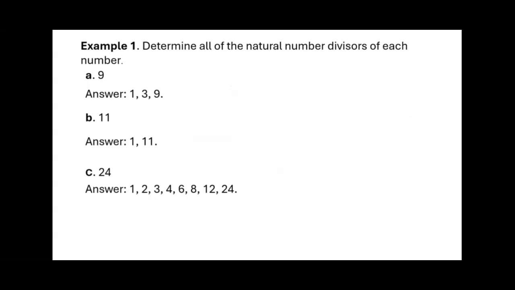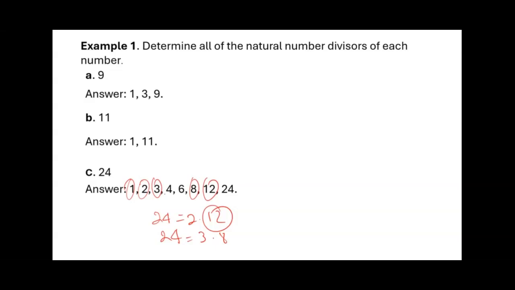Okay, so the next one, 24. This number has a lot of divisors because it's a little bit bigger than the other ones. So it's divisible by 1. It's divisible by 2 because 24 equals 2 times 12. That also means that 12 divides 24. It's also divisible by 3 because 24 equals 3 times 8. That means that 8 is also a divisor.